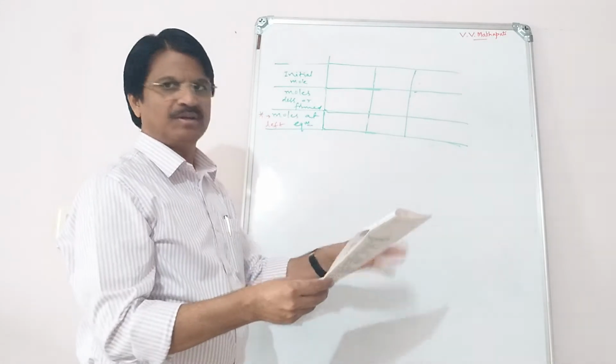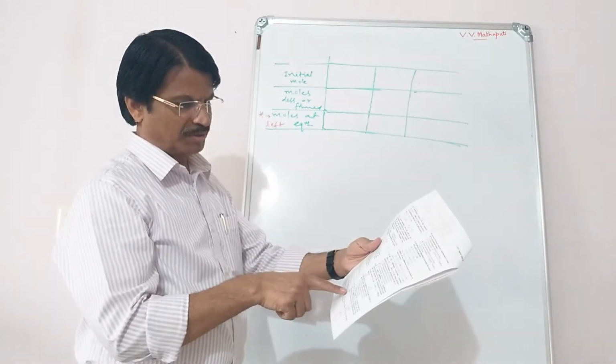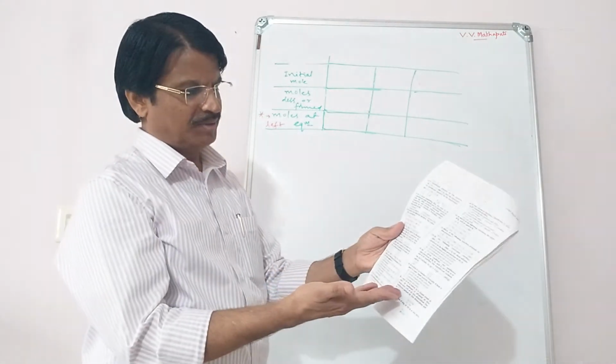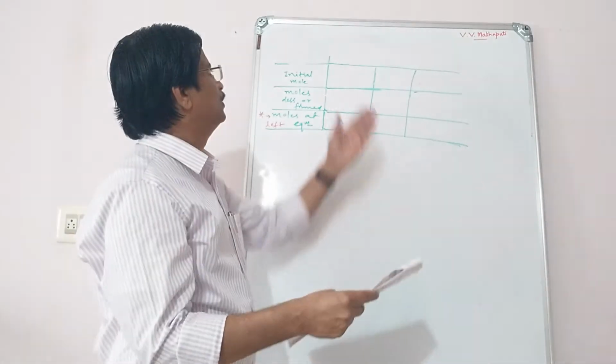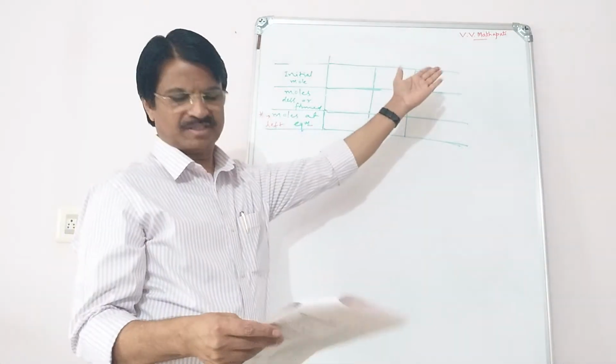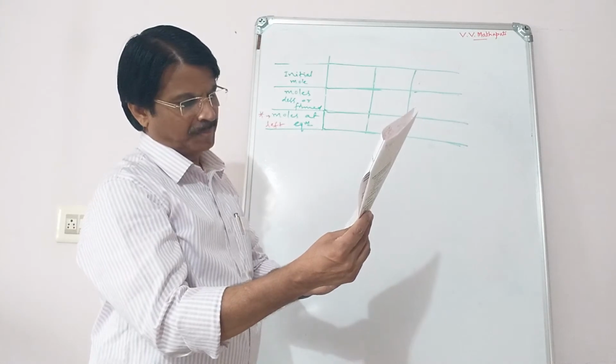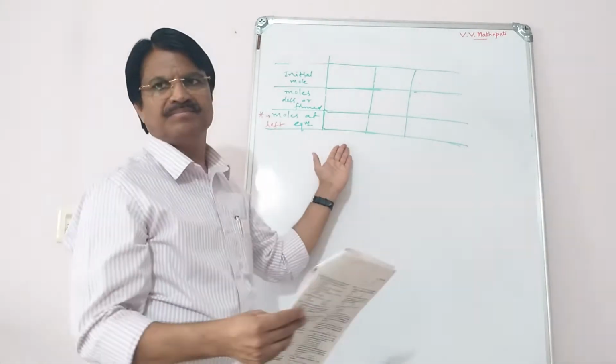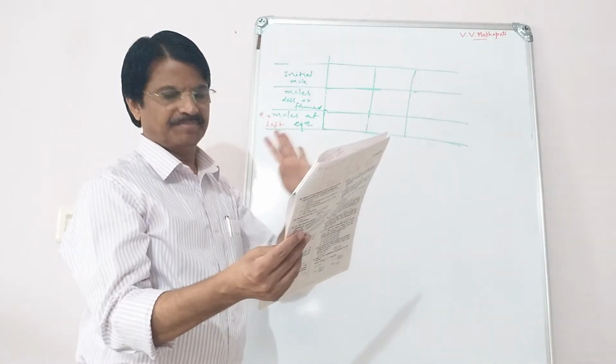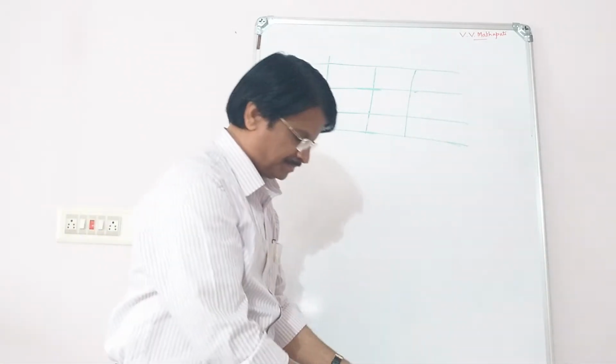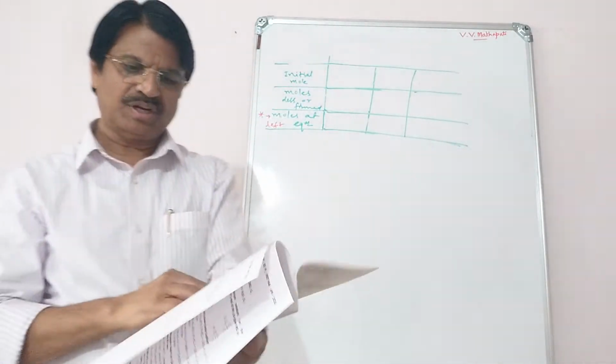The same method you have to follow to answer question number 26, because they give the HI equation, 2HI gives H2 plus I2, and there you have to find the equilibrium constant Kc. The method is the same.